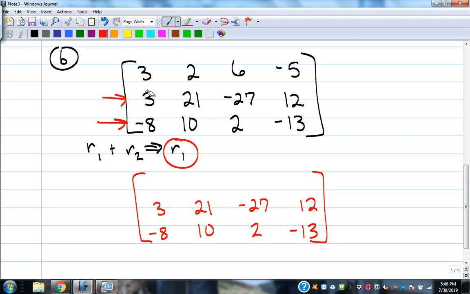So I'm going to add corresponding spots. So 3 plus 3, they're both in the first spot, so they add together. 3 plus 3 is going to be 6. That goes up there. Corresponding parts here, 2 plus 21, 23. Goes there. -27 plus 6, -21 goes right there. 12 plus -5, it'll be 7.